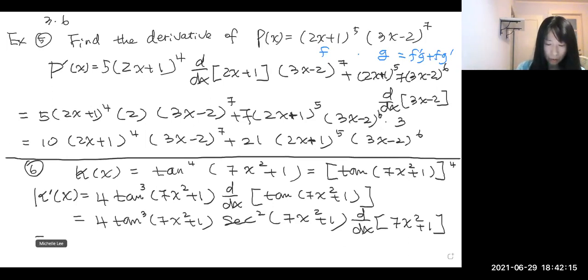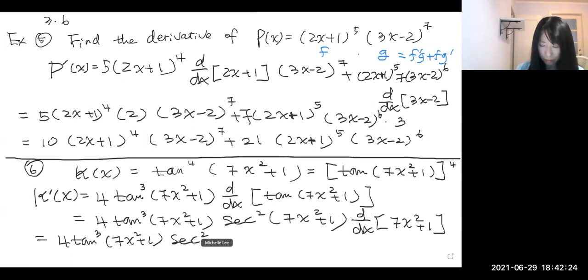So let's rewrite. And the derivative of 7x squared plus 1 is 14x, right?